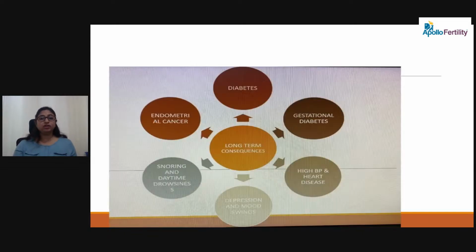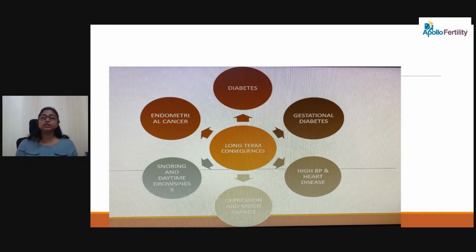Now the long term consequences can be diabetes. Women with PCOS are at 1 to 2 times higher risk of having diabetes. So 1 to 2 in 10 women develop diabetes in the long run. Why? Because in the development of PCOS, the mechanism is that the body becomes resistant to insulin.